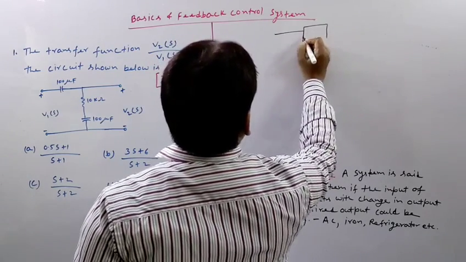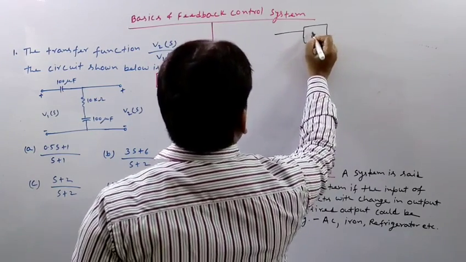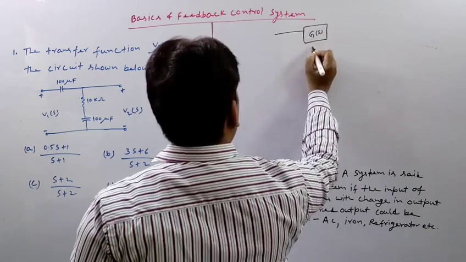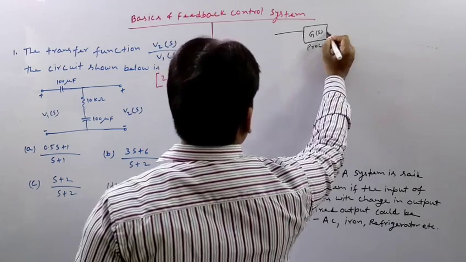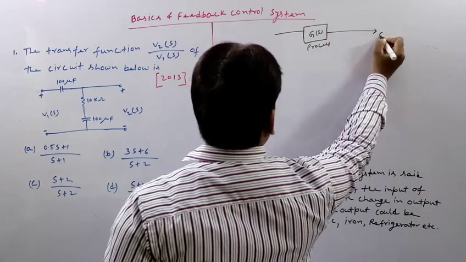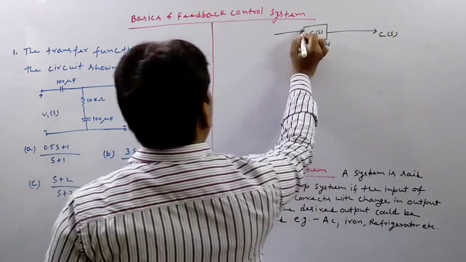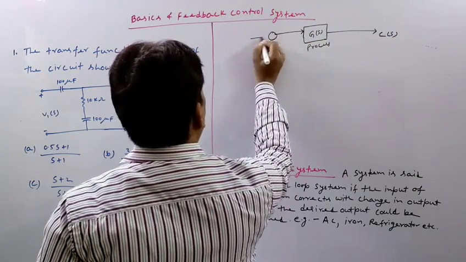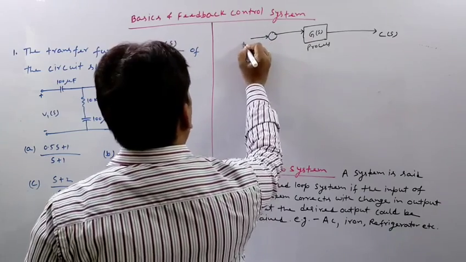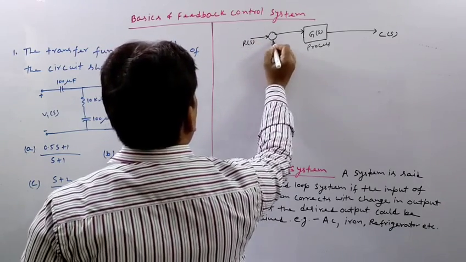A closed loop system is represented like this. Here this is the system, or you can say process, or you can say plant also, and this is the output C(s). Here the input is R(s).